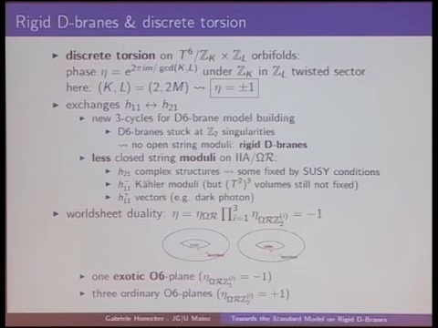So these D6 branes are stuck then at the Z2 singularities, and that means since they are stuck, they have no open string moduli, they cannot move away from the fixed point, and therefore they are rigid. So it's on the one hand less closed string moduli, and on the other hand less open string moduli. So why is it really less closed string moduli?